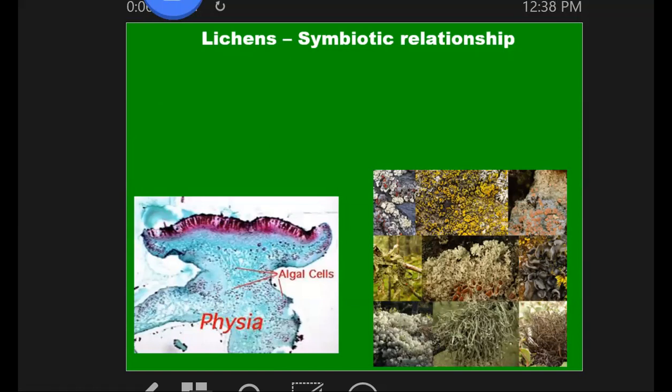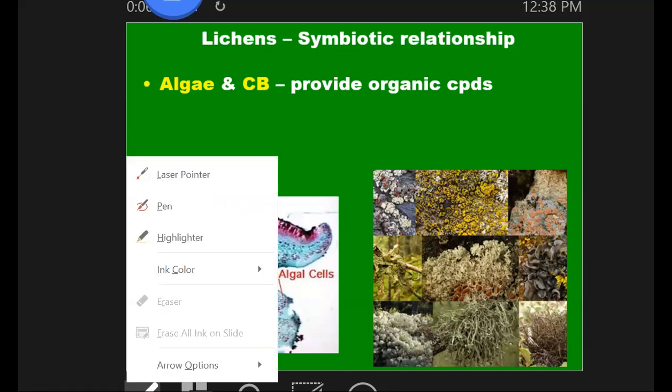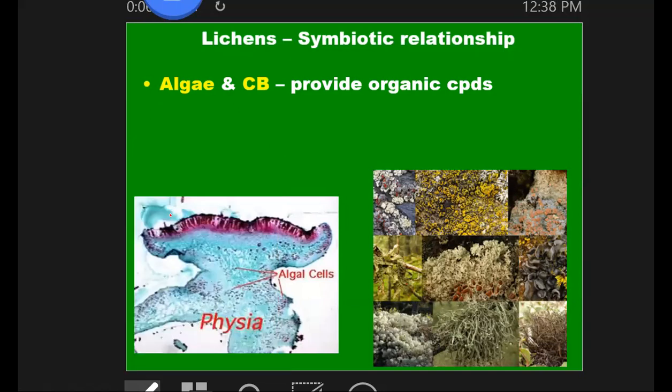Lichens are an example of this, where instead of plants directly, we see algae, and CB is cyanobacteria. Remember, I think I may have mentioned cyanobacteria are cool, IA on the end. Cyanobacteria are cool because they can do photosynthesis, all right? And they do photosynthesis very similarly to algae.